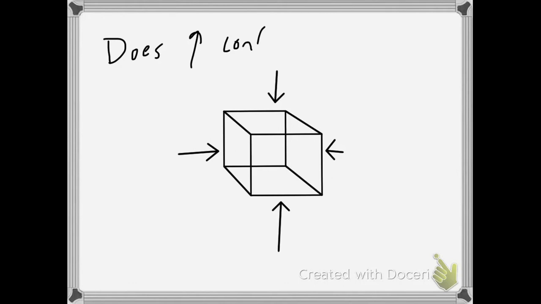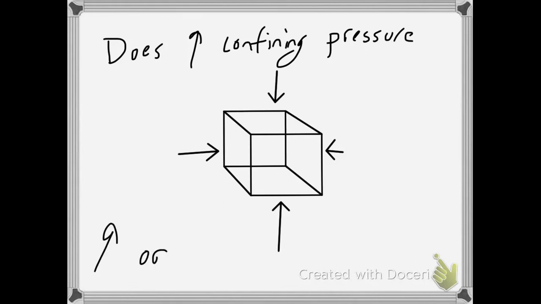is to ask, does the increase in confining pressure as a rock goes down into the earth, do you think that'll have a tendency to increase or decrease the melting point of the rock or the minerals that are in the rock? And of course the answer is, the further you go down into the earth, the hotter it gets, the more pressure it's under, and the higher the melting point.